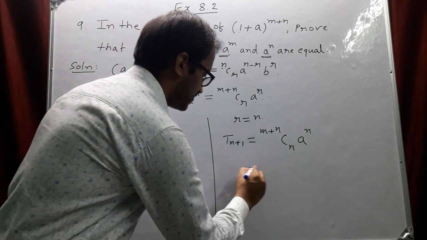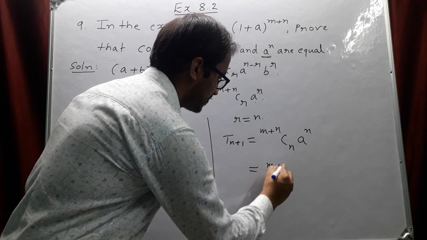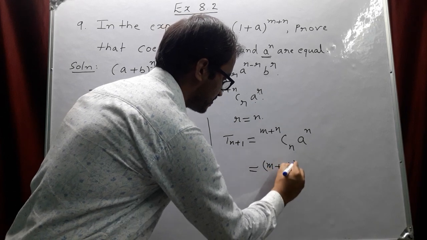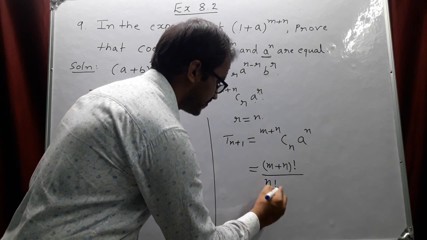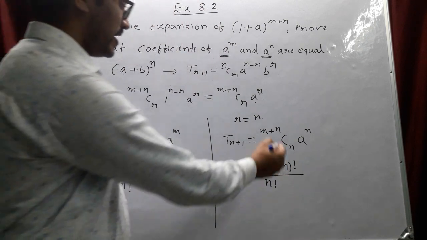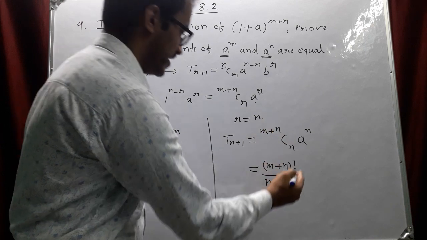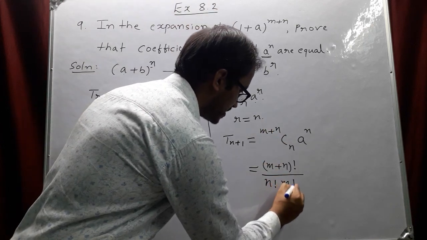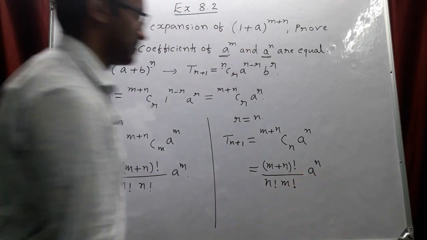So simplify, what will we get here? (m+n) factorial by n factorial into (m+n−n) factorial. So n will get cancelled. M factorial a power n.